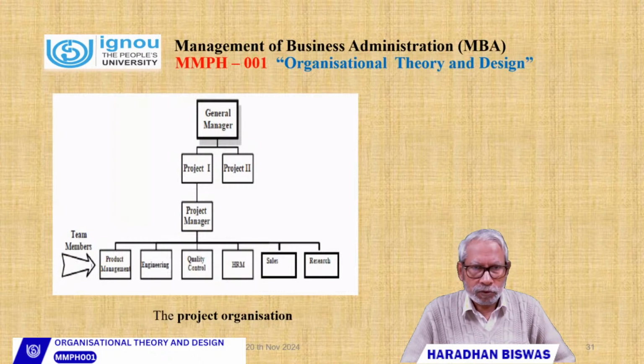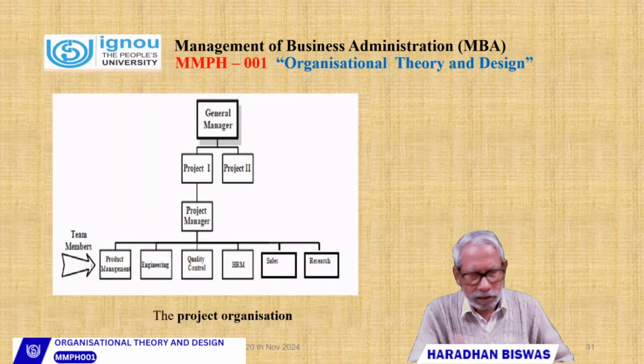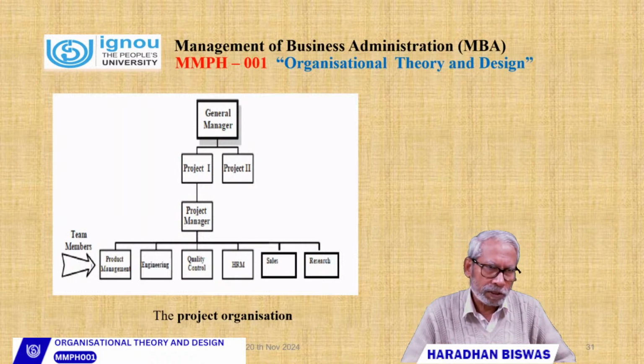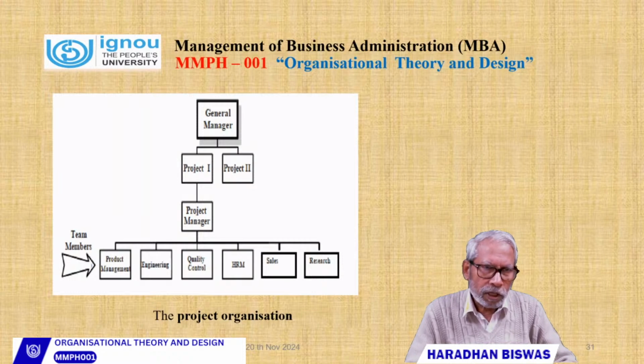General manager, then project 1, project 2, there are 2 project managers, and project 1 is typically shown, and immediately project 2, another set, will be there. Team members are basically product managers, engineers, quality control, and then HRM, sales, and research teams. So these are all part of your project teams.